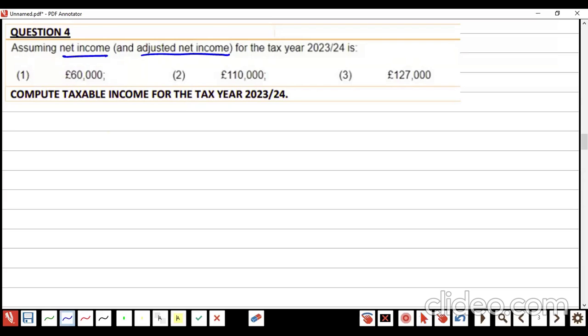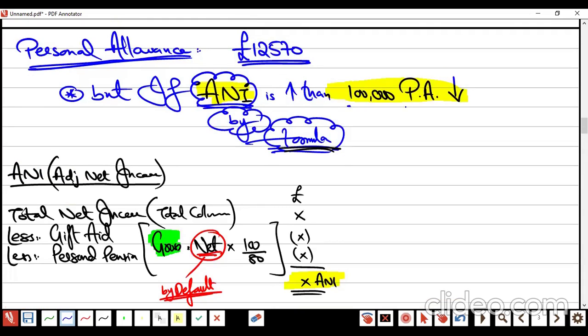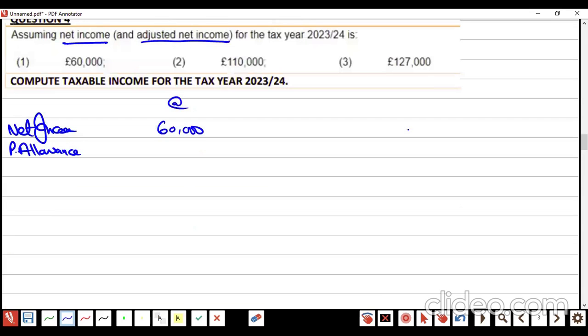In case A, net income: we know that adding up the income and deducting the qualifying interest, we get the net income, correct? After that, personal allowance. ANI is supposed to be greater than 100,000 to think about reduction, right? Is ANI greater than 100,000 or no?